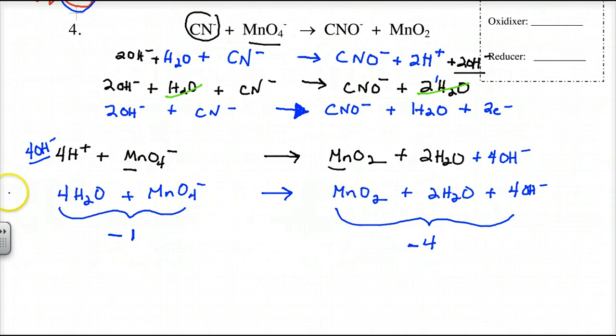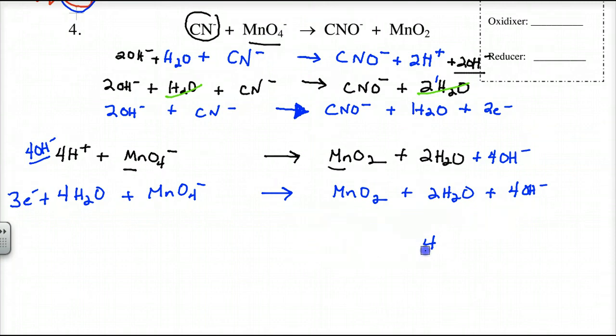So I'm going to add 3 electrons. Let me erase some of this stuff, and I'm going to rewrite it. No, I'm good. I don't think I'll write it anymore. Okay, so that is my half reaction. Now I am going to get rid of this middle one here.